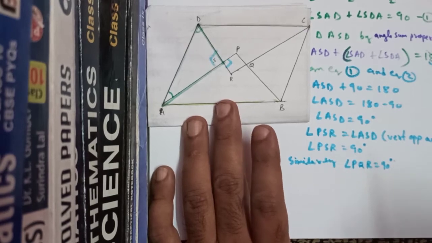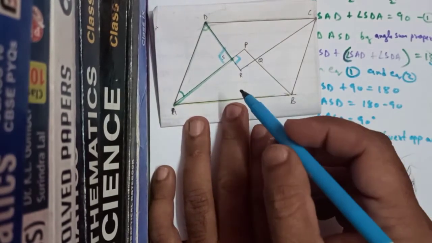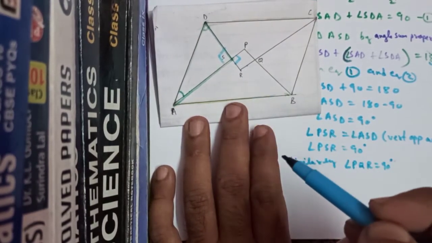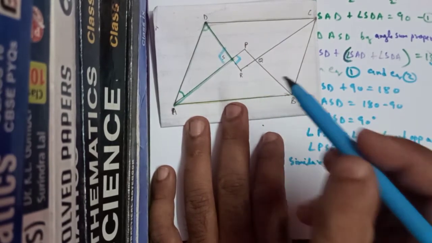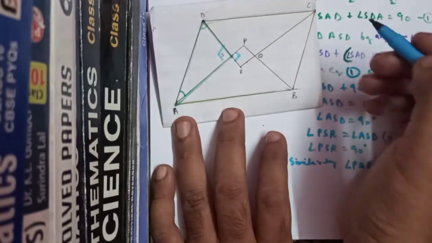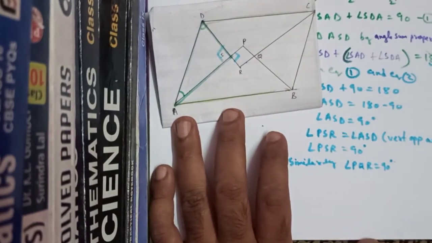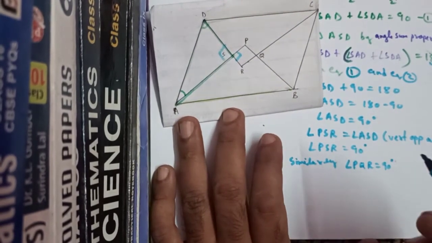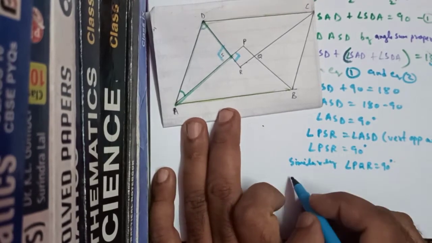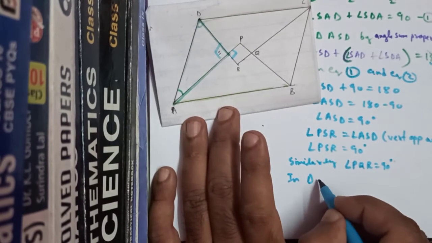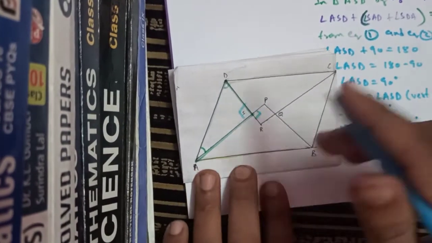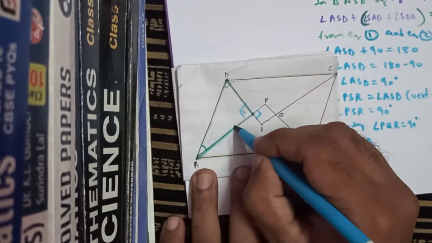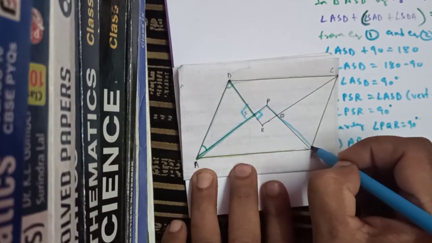Okay, now what about angle QPR and angle QRS? For this, let us take triangle APB.